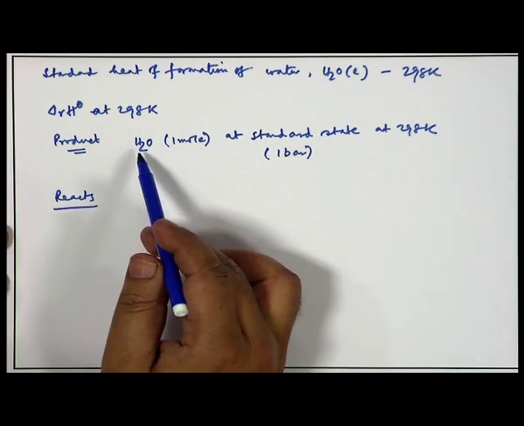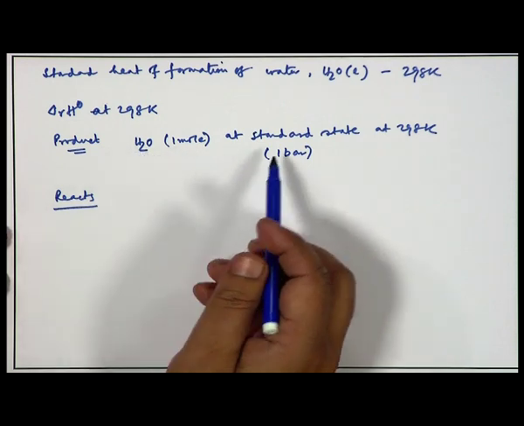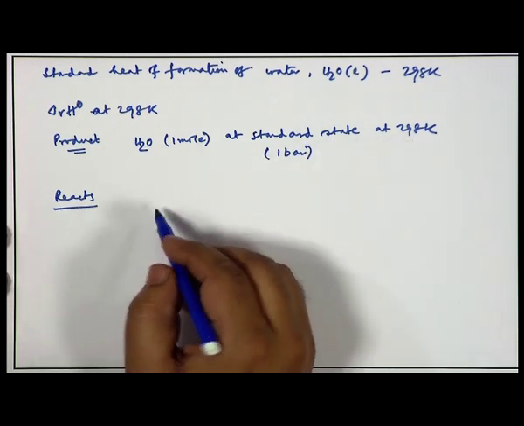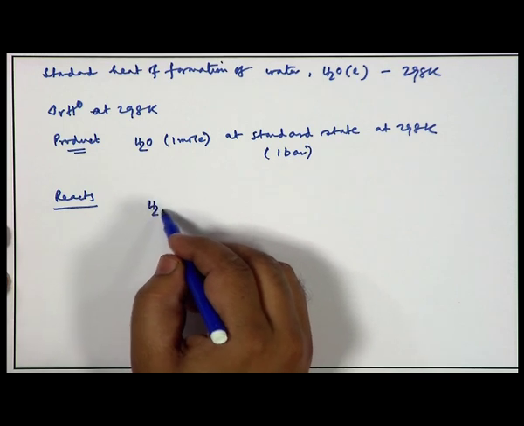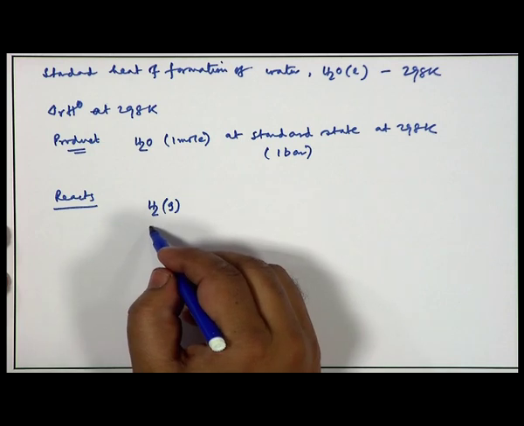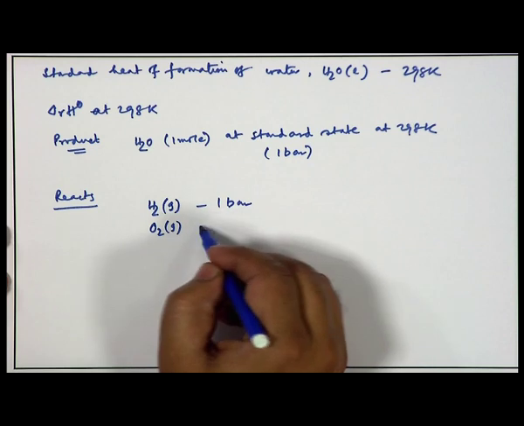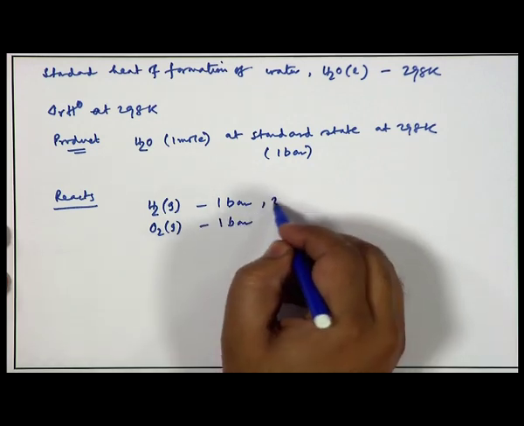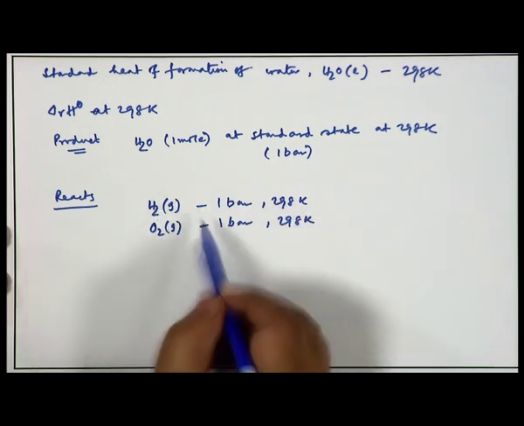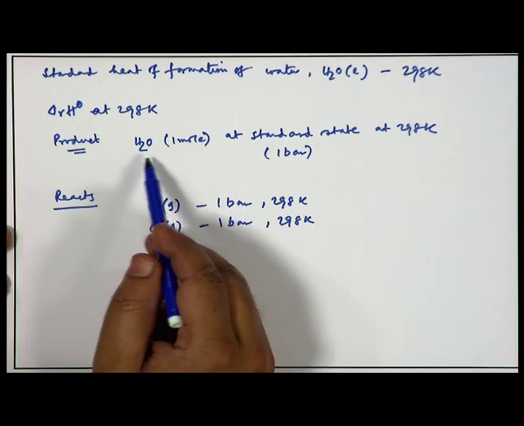So, the elements are oxygen and hydrogen in this case, at the same standard state, 1 bar and 298 K. The most stable state for hydrogen is hydrogen gas, and for oxygen it is oxygen gas. So, they would be at 1 bar, 298 K. These are the reactants as per our definition of standard heat of formation, and this will be your product.